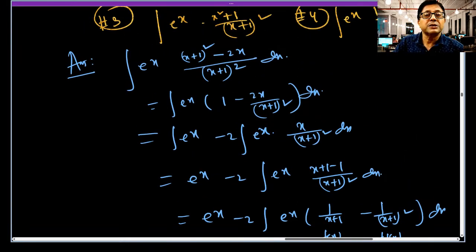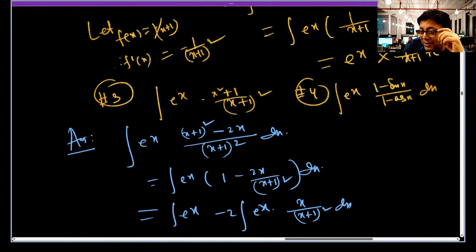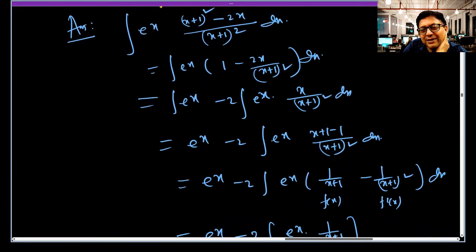You understand? I explain once more. This x square plus 1 you write (x plus 1) whole square minus 2x by (x plus 1) whole square. Now what you did there, separate this by this minus this by this. This by this is 1, you can see. I have written minus 2x by (x plus 1) whole square. We have to try. So when x, e to the power x, all these are involved, we will remember this manipulation again and again. So here we did the same thing.